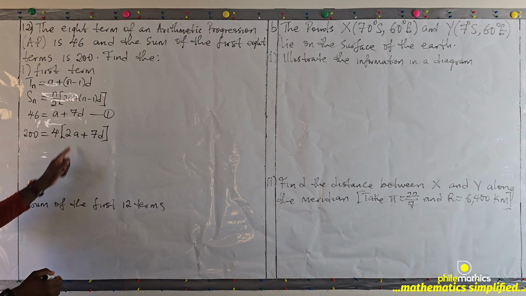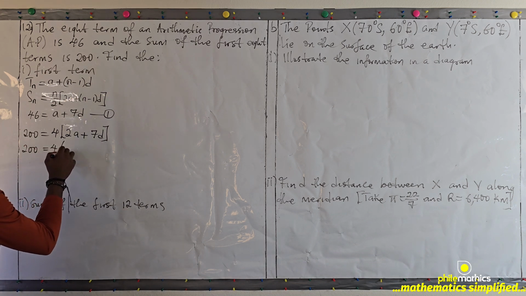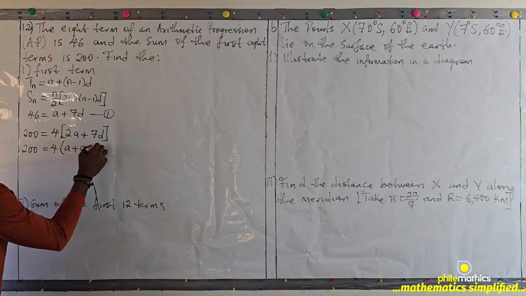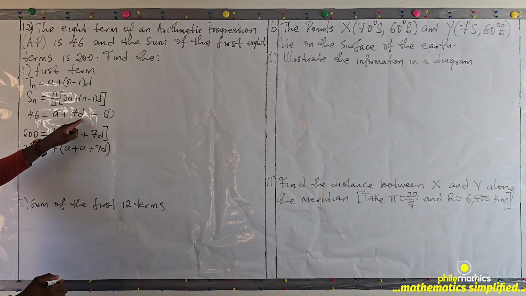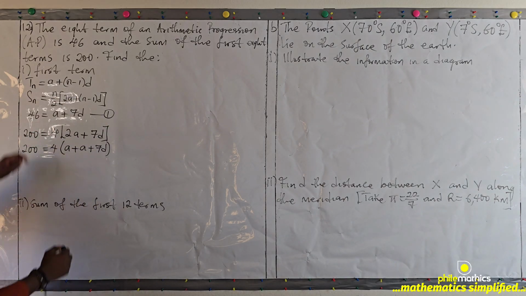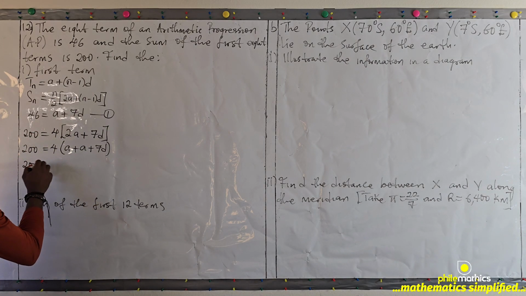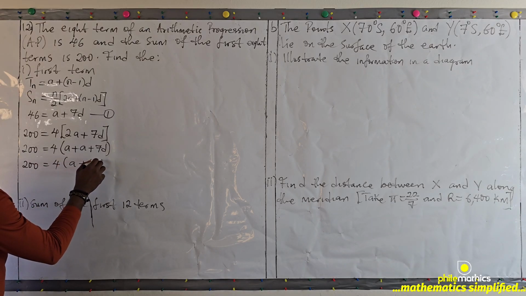We can split this to be 200 equals 4a plus a plus 7d. Since a plus 7d from equation 1 is 46, we can substitute 46 here. This is 200 equals 4a plus 46.